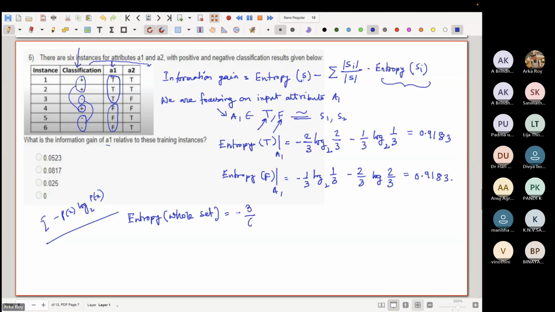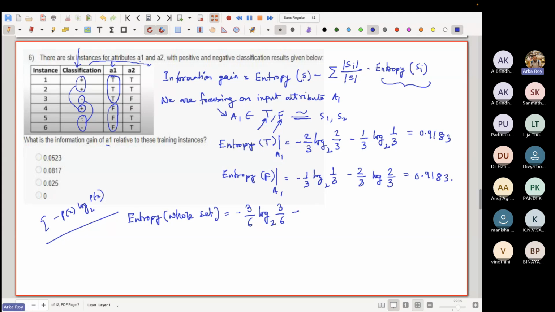minus 3 by 6. Why 3 by 6? Let us now talk about the positive classification data. There are 3 instances for positive class, 1, 2, 3, and total number of instances is how much? 6. So the probability is 3 upon 6 multiplied with log 2 of 3 upon 6, minus. Now let us talk about the negative classification part.